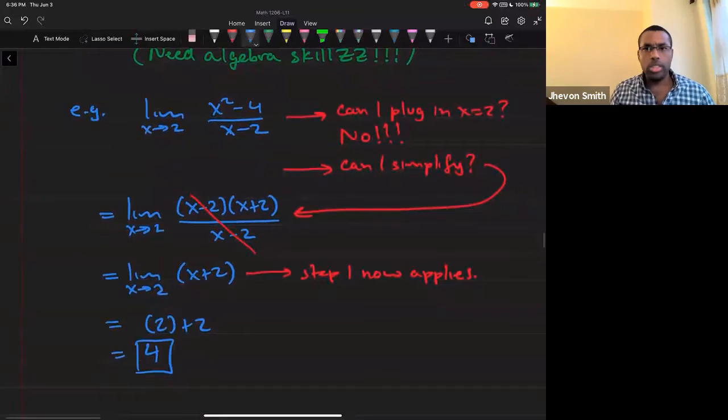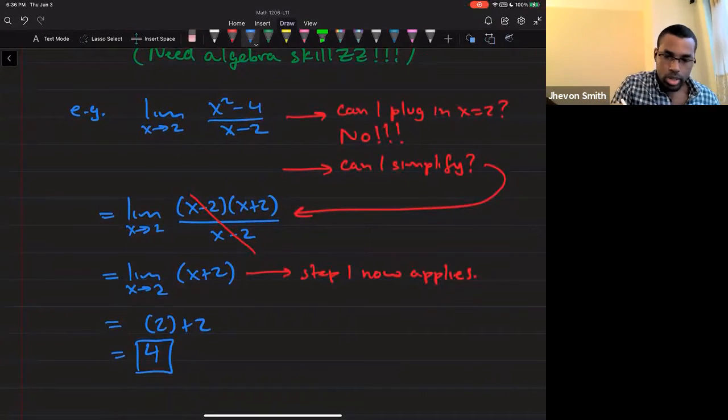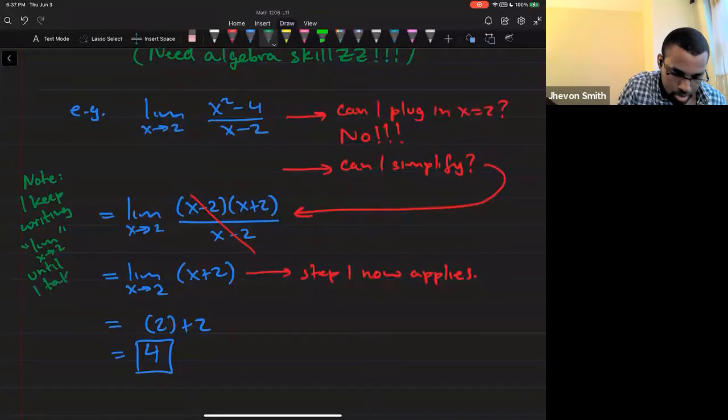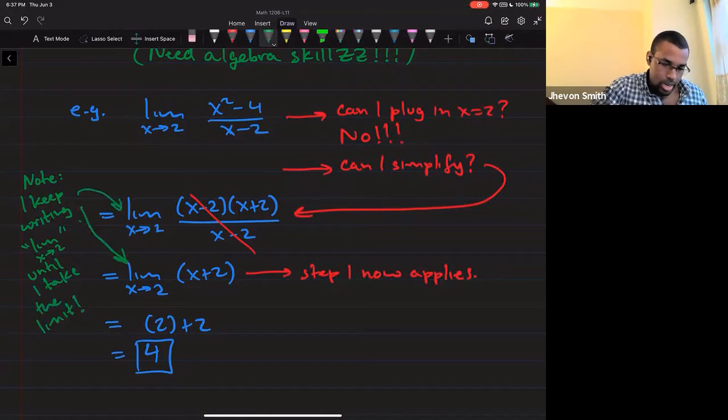Now there's something else I want you to notice here. I keep writing the limit symbol, limit as x approaches 2, until I take the limit. So notice that I kept rewriting the limit sign until I actually evaluated, right? So the limit sign sticks around.